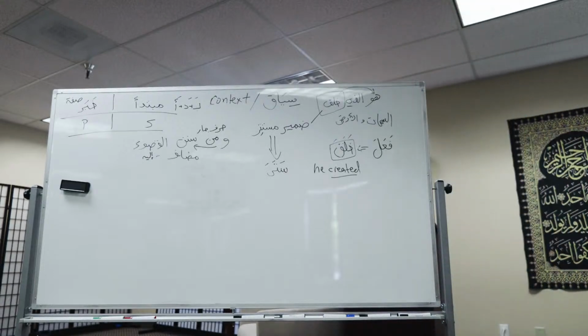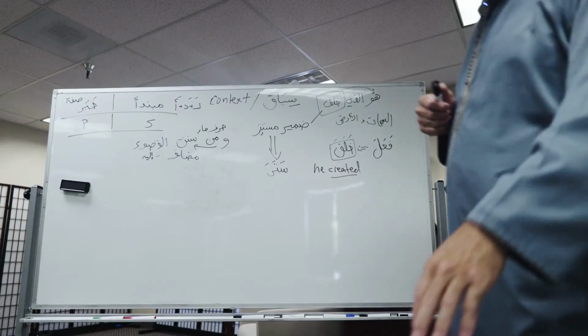The mudaf can be in any potential state. It can be in harf al-nasab, rafa' or jar, right? It could be the subject, it could be the direct object, it can be in a state of possession. But the mudaf ilayh is always going to be majroor, always. So therefore, al-wudu'i is going to be majroor. But what are we told about wudu?